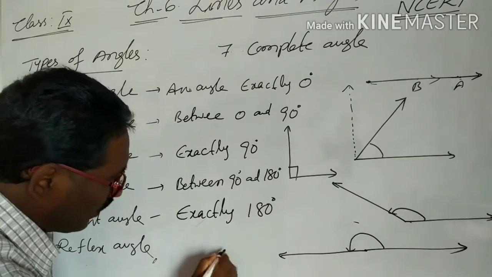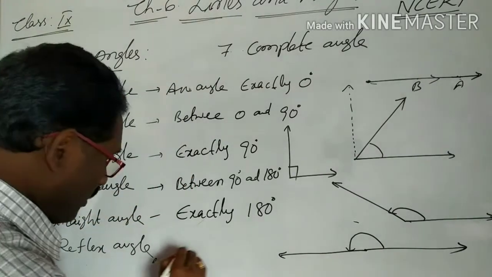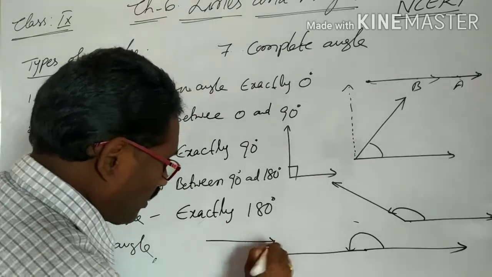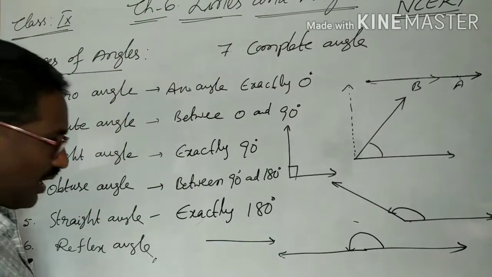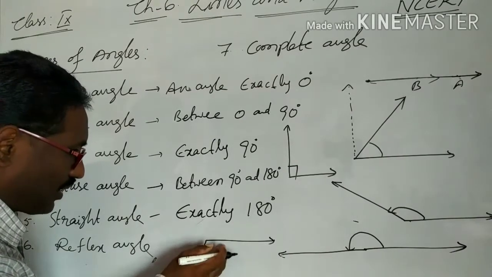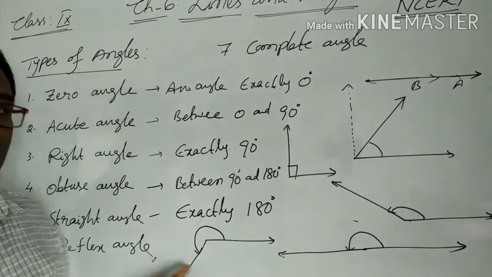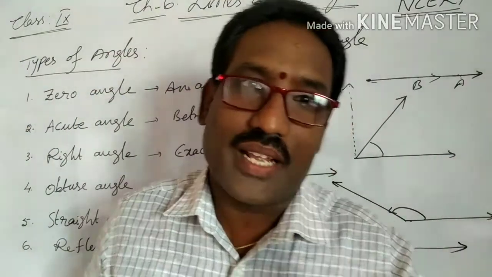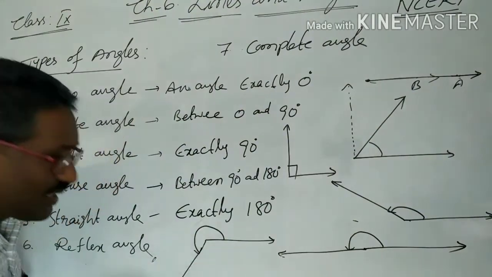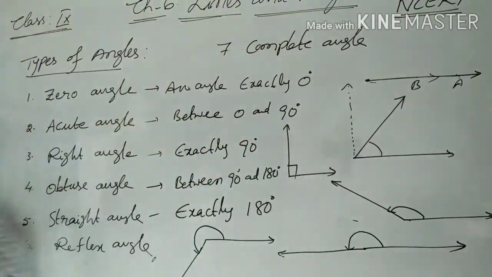How to draw a reflex angle here? See, this is the initial ray. This is the terminal ray. This angle is moving from here to here in the anti-clockwise direction. This symbol is very important. Otherwise, if you take it like this, that is not a reflex angle. Less than 180 degrees will come, that is an obtuse angle.